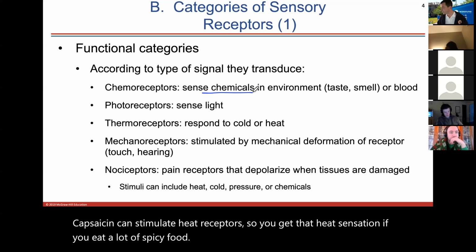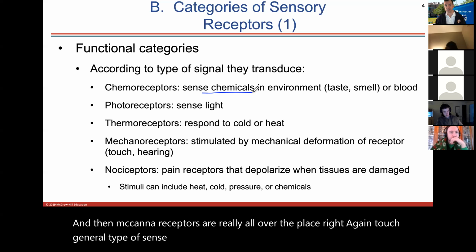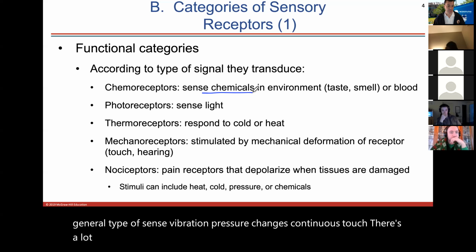And then mechanoreceptors are really all over the place. Again, touch, a general type of sense, vibration, pressure changes, continuous touch. There's a lot of semantics when it comes to mechanoreceptors. And hearing is a mechanoreceptor as well.